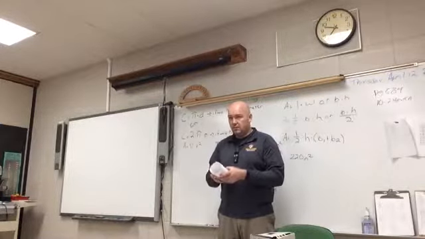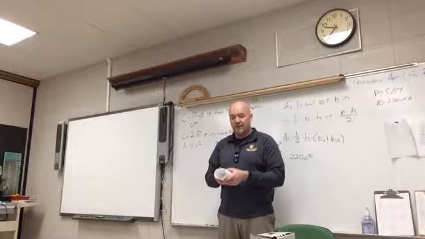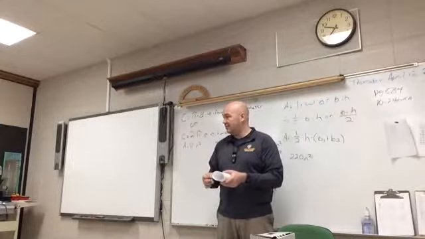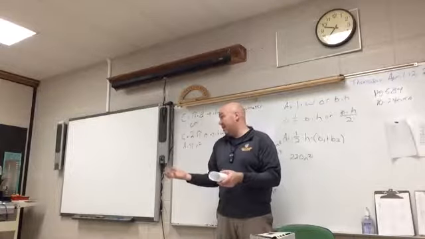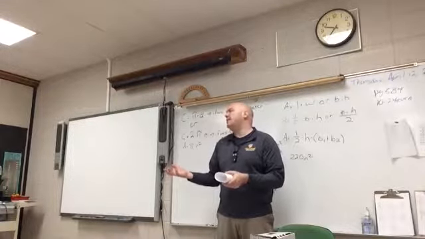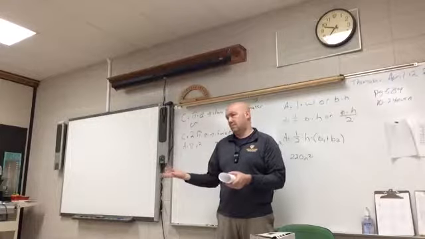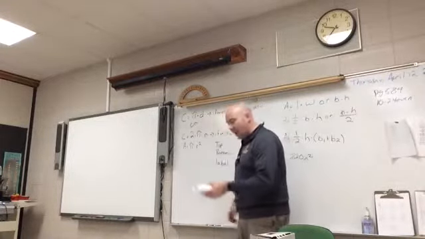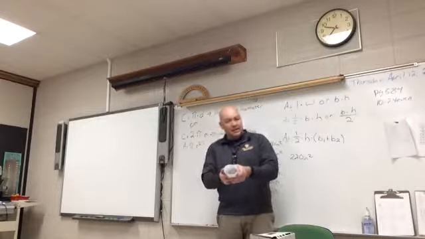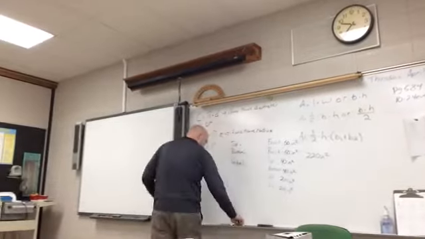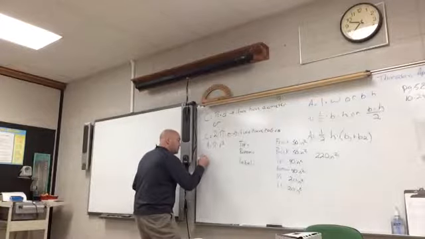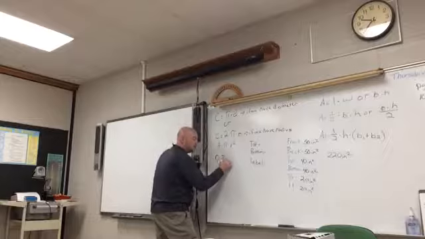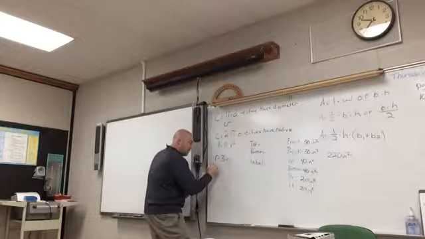All we need are two things. What two things do we need to find the area of a circle? We really only got to know the radius, but we also got to know what we're going to use for pi. So I'm going to tell you right now that the radius of this circle is 3 inches.